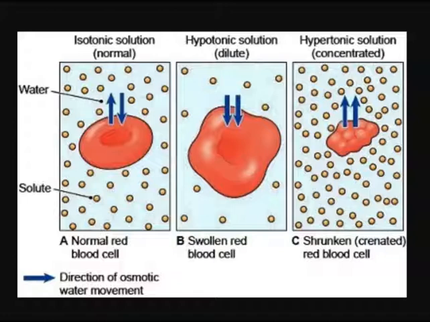The solution has a solute concentration greater than that within the cell, and water wants to create equal concentrations. Therefore, water will diffuse from an area of lower solute concentration inside the cell to an area of higher solute concentration outside the cell. This causes the red blood cell to shrivel, a process termed crenation.